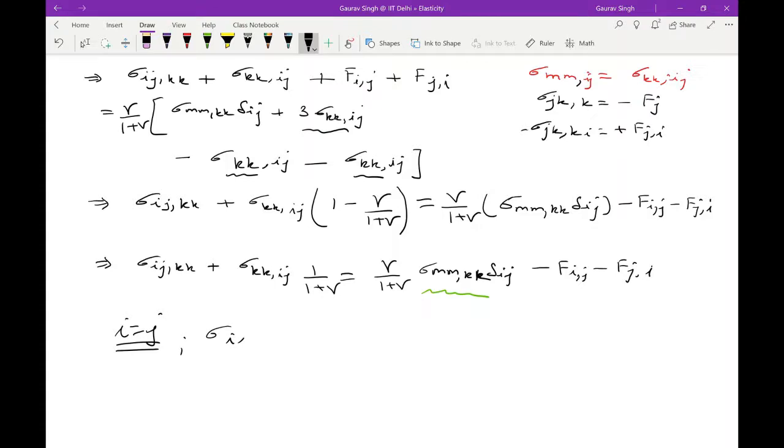Let's see, sigma i comma kk plus sigma kk comma i, 1 plus nu by 1 plus nu, sigma kk comma kk, delta i for i equal to j, this will be 1, and that reduces to minus 2 times f i comma i. Sorry, this should be equal to 3.